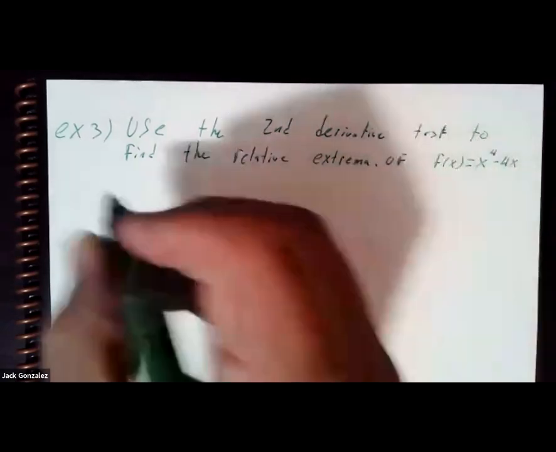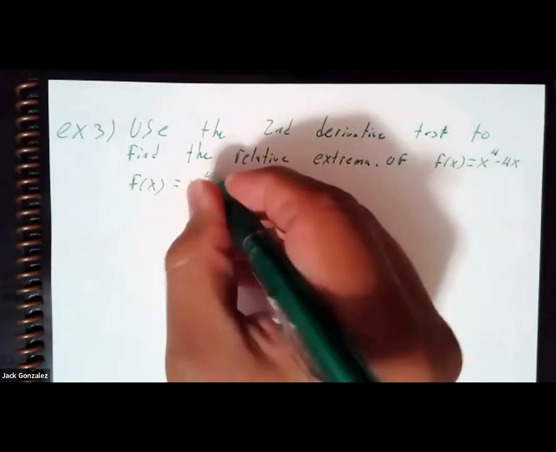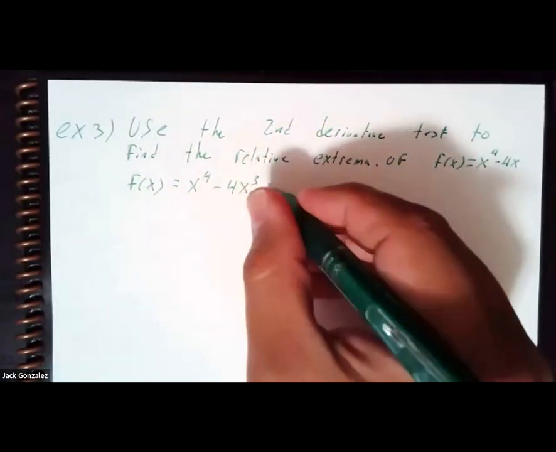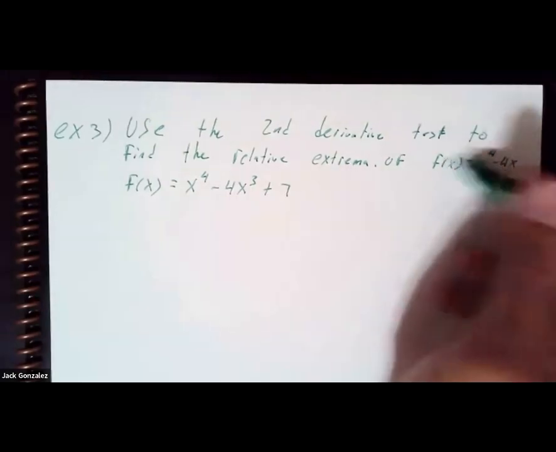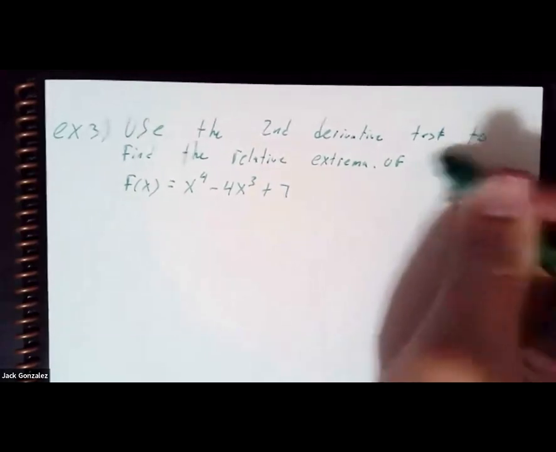I don't have space. Okay, so here we're going to use the second derivative test to find the local mins and maxes, which means we're going to need the critical numbers. Why are there two functions? Oh, I just couldn't fit it in there. Just one.